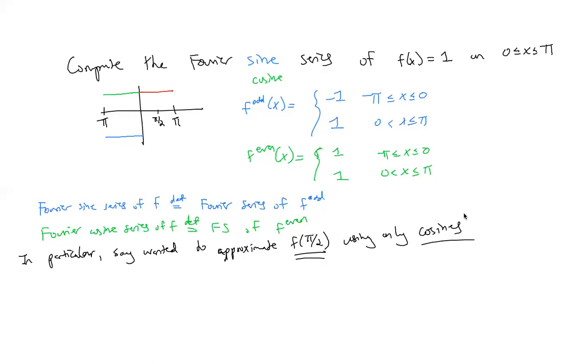I mean, f of pi over 2 is 1, but that would give you an infinite series where you have 1 equals some infinite series, where you've plugged in pi over 2 into cosines.